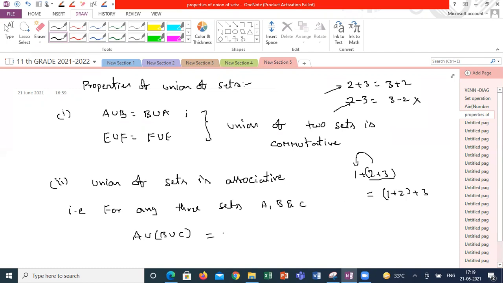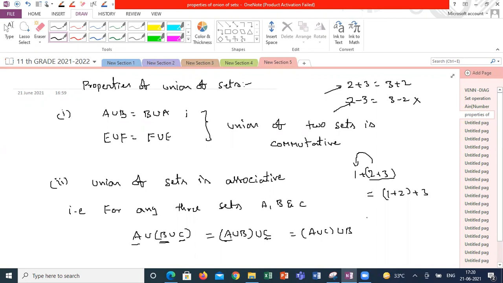What this says here: if I take A union B and then union with C, that will be equal to B union C, and again union with A. Irrespective of what order you take the union of sets, it doesn't matter. Finally, I'm taking the union of A, B, C; whatever the order you take the union, even A union C and union B, all these three give the same set.